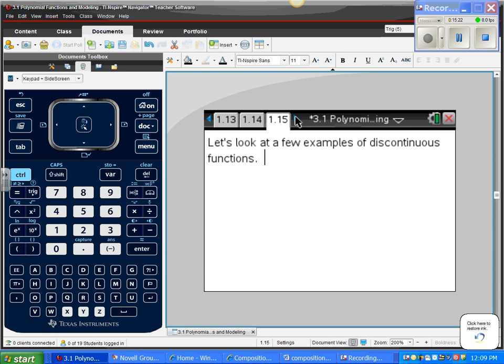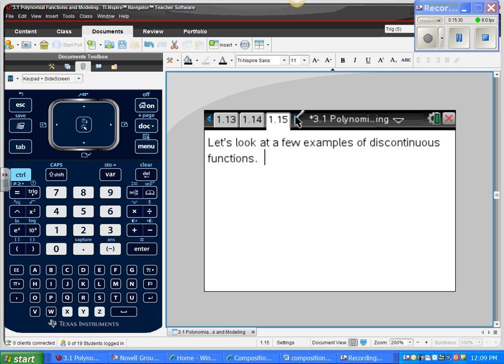Okay, so let's look at a few examples of discontinuous functions. An example of a discontinuous function: if I had, let's say, this function here, it is discontinuous because if I were to trace it, I would get stuck here and have to hop up here and then hop down here.